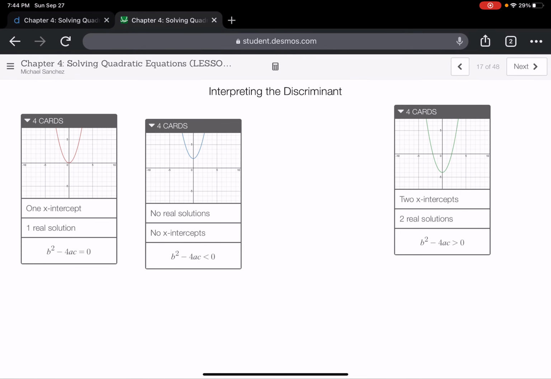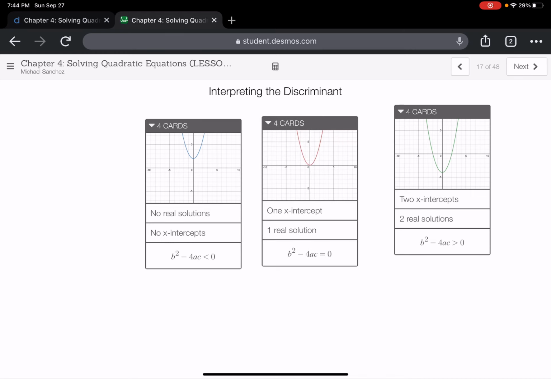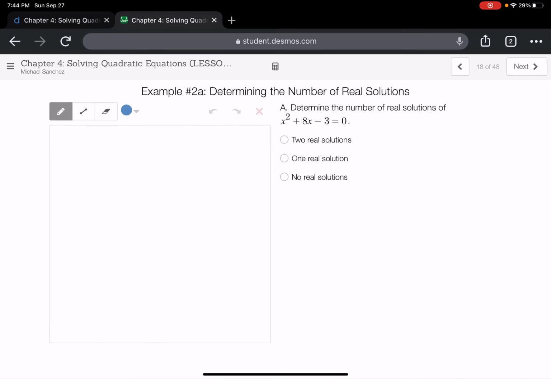Right, so here is what we're going to be looking at. We'll come back to it if we need it. All right, so here's example 2, part A. We're going to determine just the number of real solutions. I don't want to know what the solutions are, I want to know how many solutions there are.